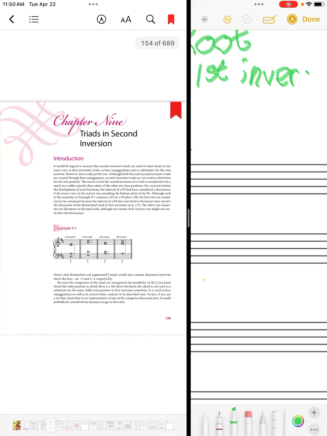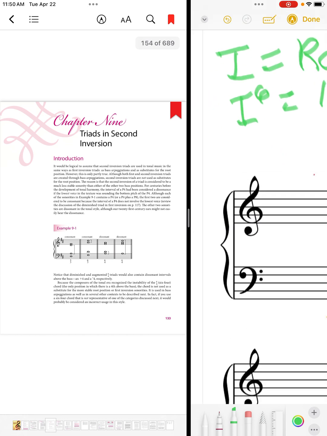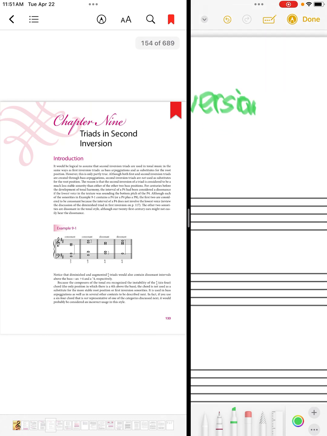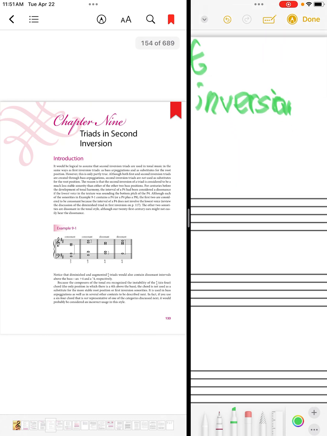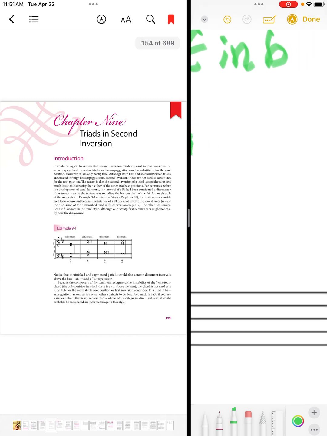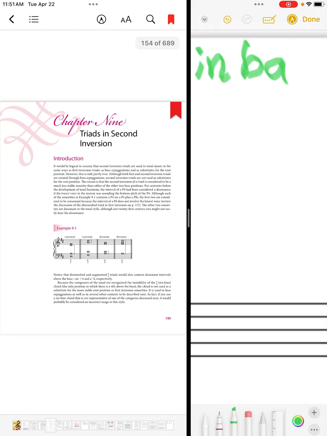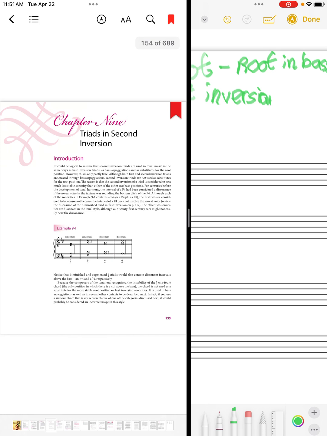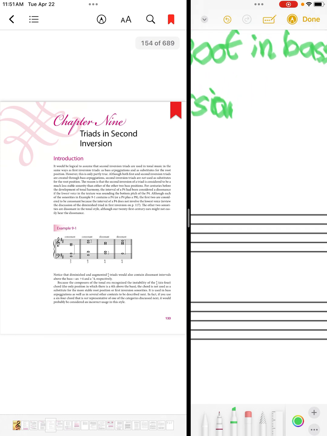So if this writing happens, you put the root in the bass if it's in root position. And for first inversion, for a triad's sake, you're going to put the third in the bass.